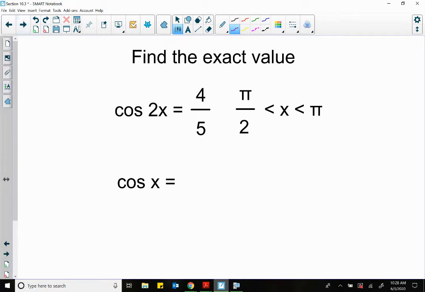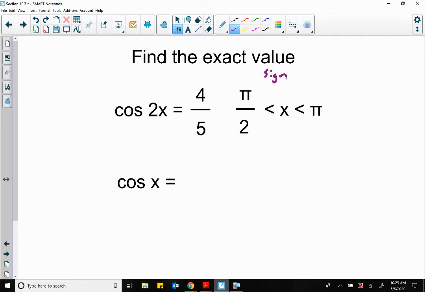So here, this is telling you what the double angle is. Okay? The double angle answer to this is 4 over 5. Over here, this is talking to you about what the regular angle is. Okay? So this information is for the sine. All right?